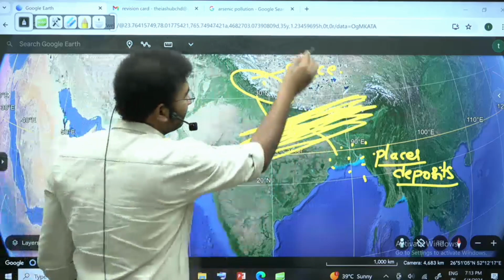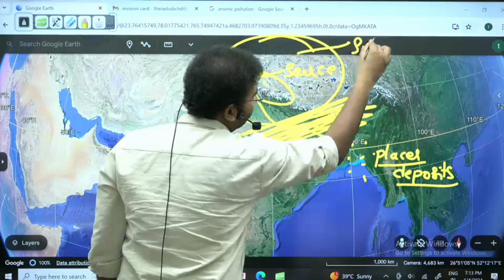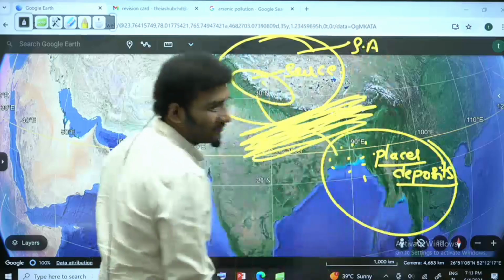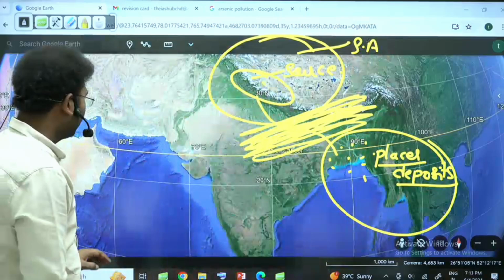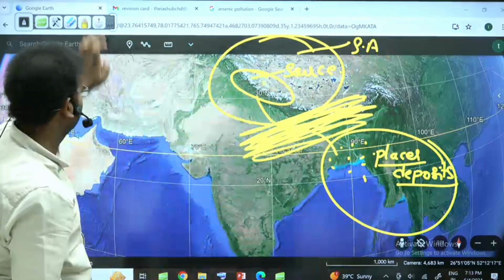Now just imagine this is your South America and this is your Africa. Right? And it got divided. It is like this.